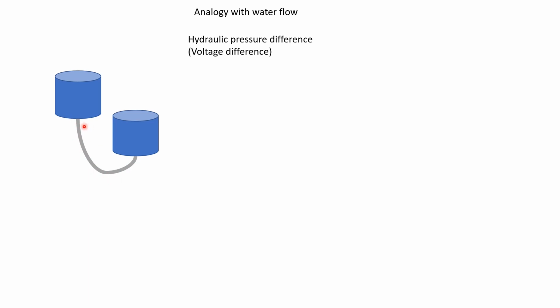Now you can imagine the water in this container will be at higher energy compared to water in this container. So water will flow from here to here, from high energy state to lower energy state, and in that process it will release some energy. This hydraulic pressure difference is similar to voltage difference in electrical circuits, and the current will flow from higher voltage to lower voltage.